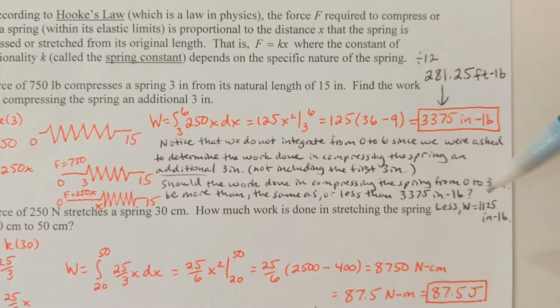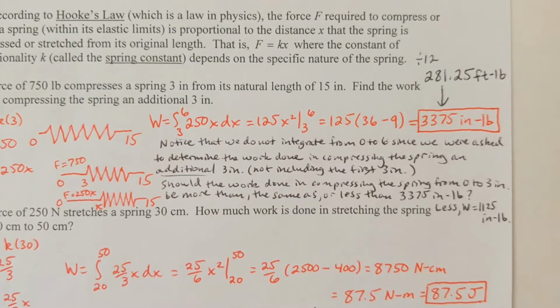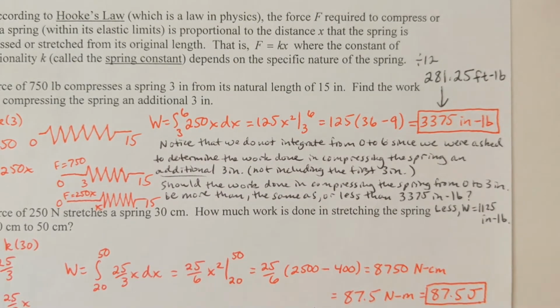Well, it's going to be less, right? Because in fact, if you were to calculate W going from 0 to 3, you'd get 1,125 inch-pounds. That number would be less because in order to compress it further, there's going to be more force applied, so more work would have to be done.